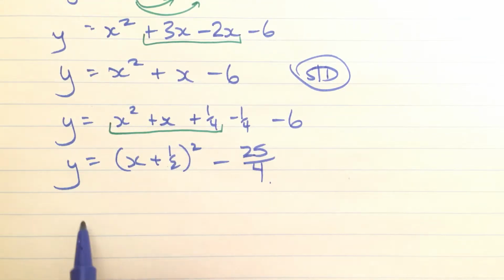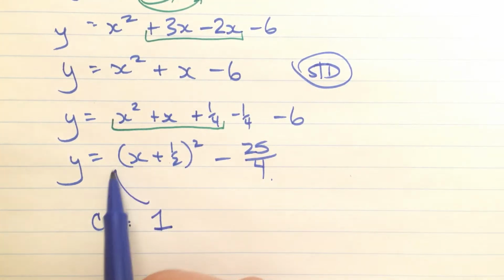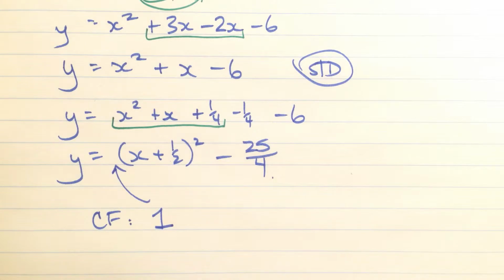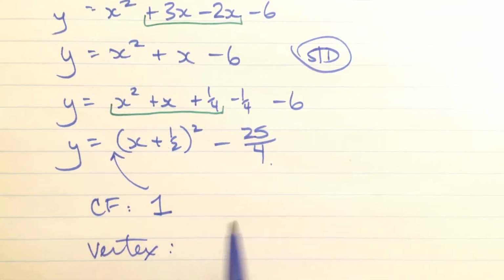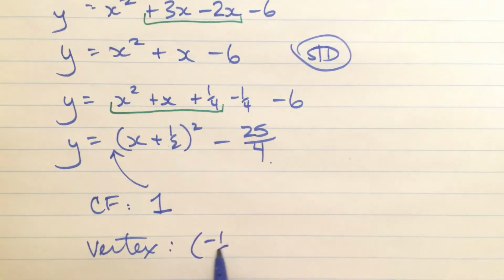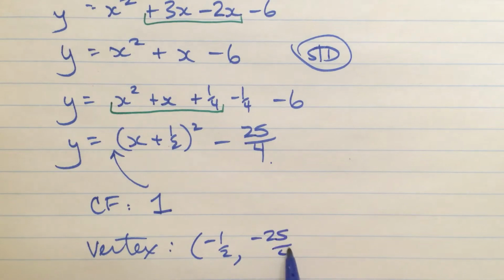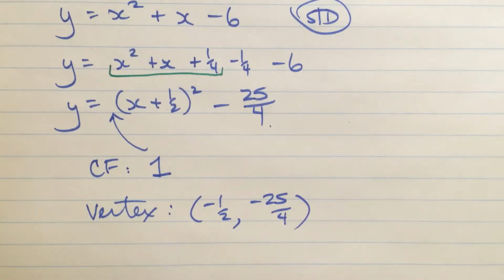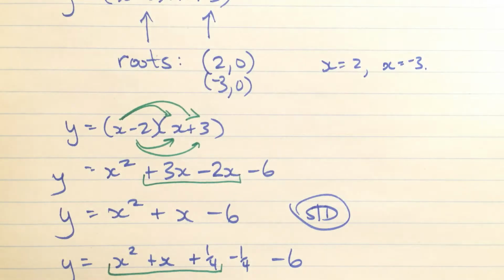This has a compression factor, or a stretch factor, of 1. That's coming from right there. The vertex, we read from here, negative a half, and then this stays with the same sign, negative 25 quarters. And the roots we already did up at the top here, 2 and negative 3. So that's that one.